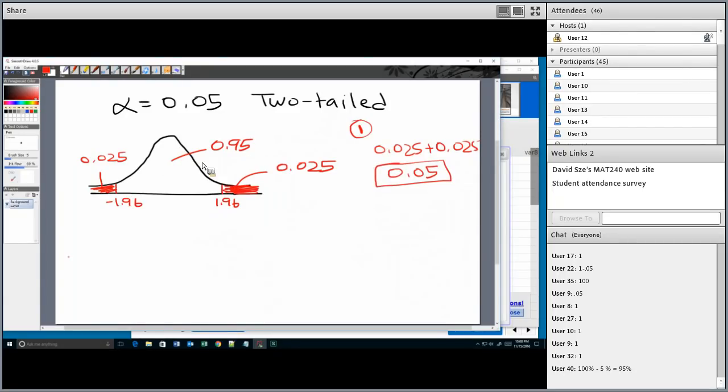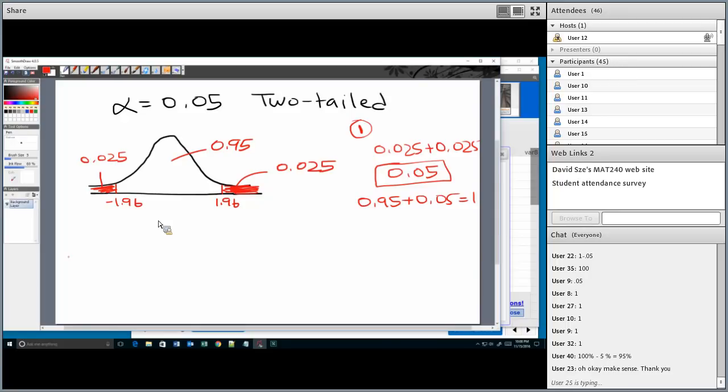And in order for the area to sum to 1, the middle part has to be 0.95. Because when you have 0.95, you add it to this 0.05, you get 1. In other words, the central region is simply 1 minus 0.05, right? It's 0.95. Okay, very good. And now you just found your critical values.